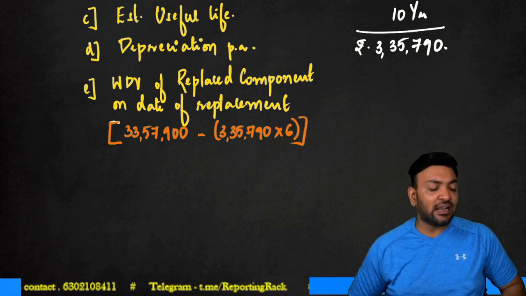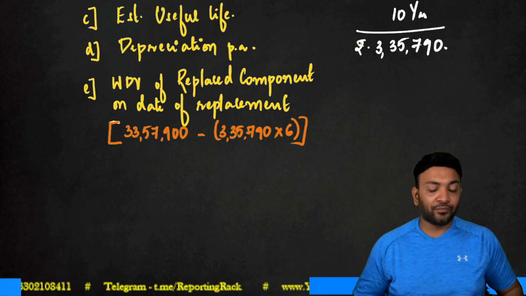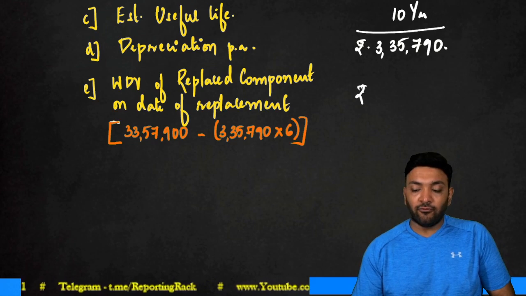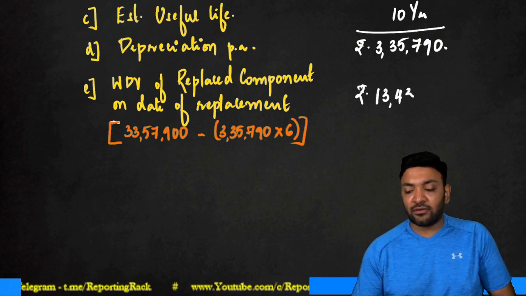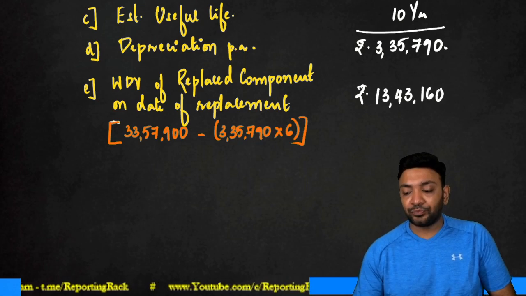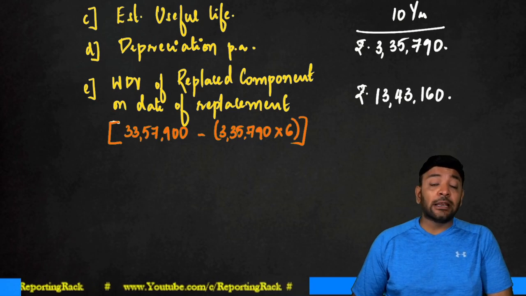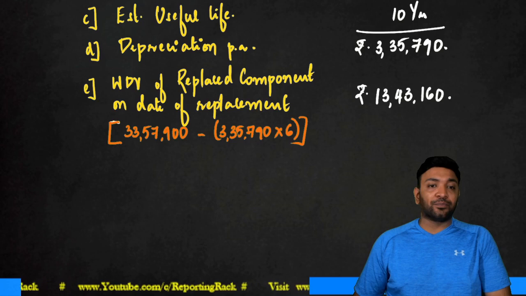If I depreciate, the balance amount is 13,43,160. This is the WDV of replaced component on the date of its replacement.